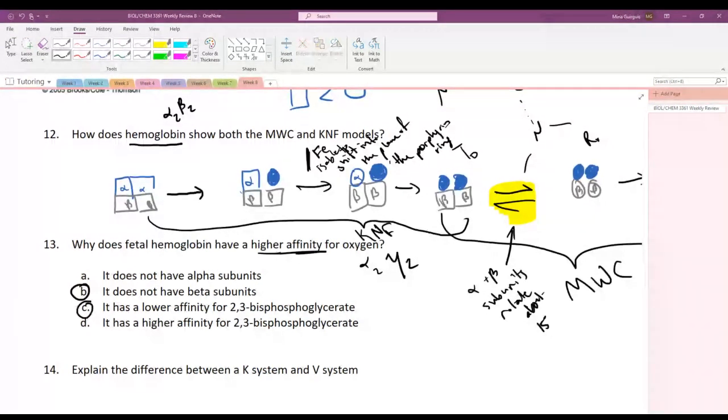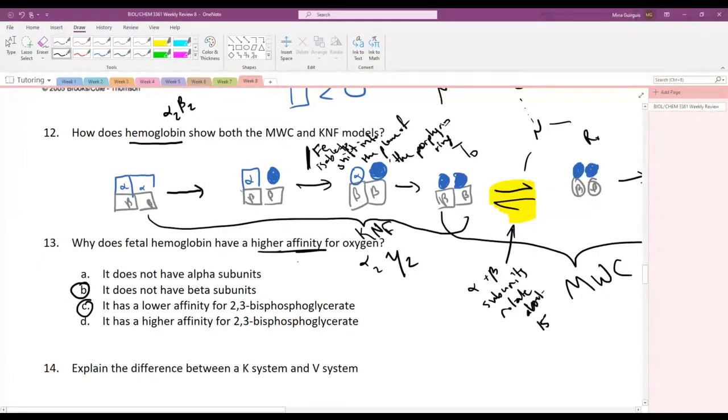So bisphosphoglycerate is a negative allosteric effector of Hb. In other words, it's an allosteric inhibitor. Okay, and so when it's present, it binds to hemoglobin and it affects how much oxygen it's able to actually pick up.